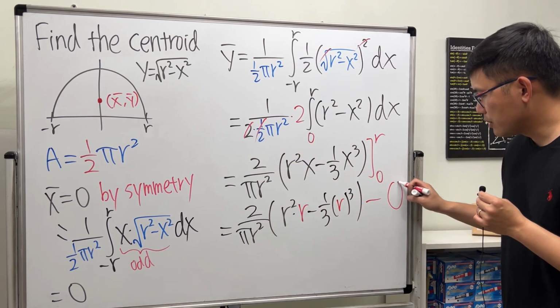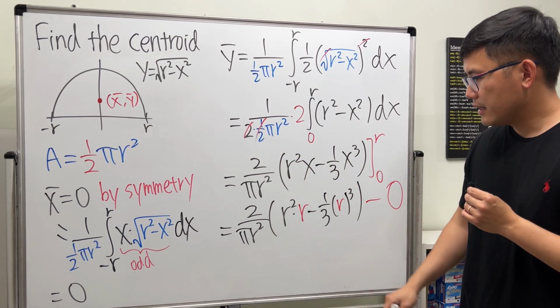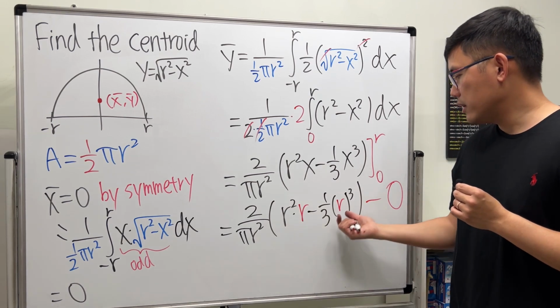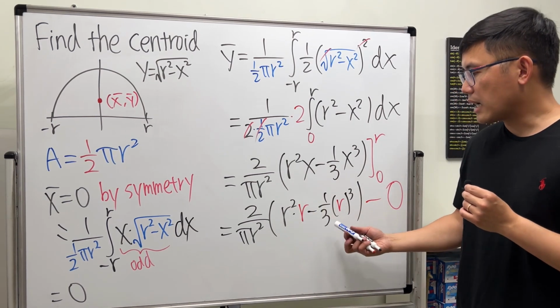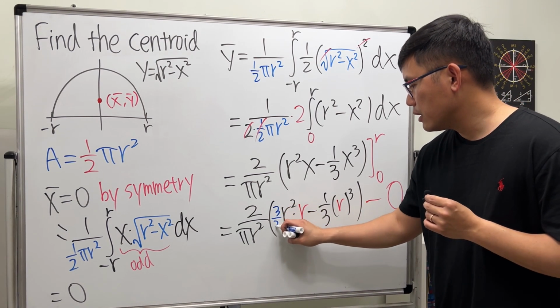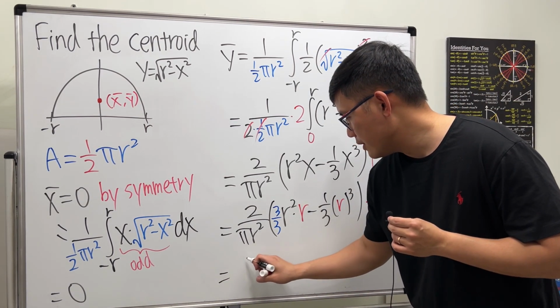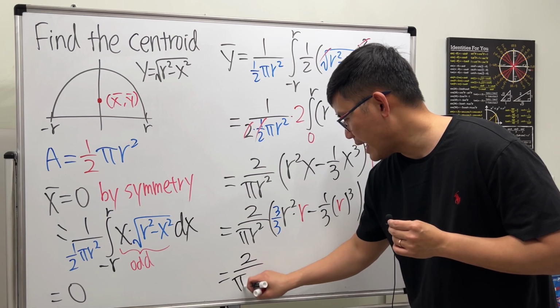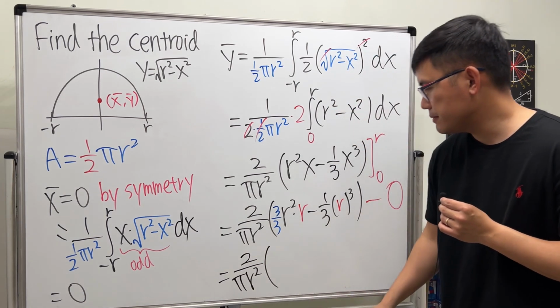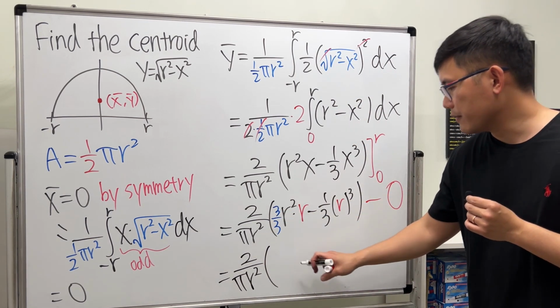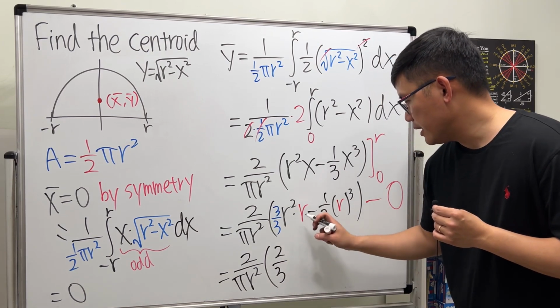So it's just minus 0, which doesn't matter. Now this is r to the 3rd power, so is that. So we can get a common denominator and then just combine them. So we have 2 over pi r squared times 3 over 3 minus 1 over 3 is 2 over 3, and then r cubed.